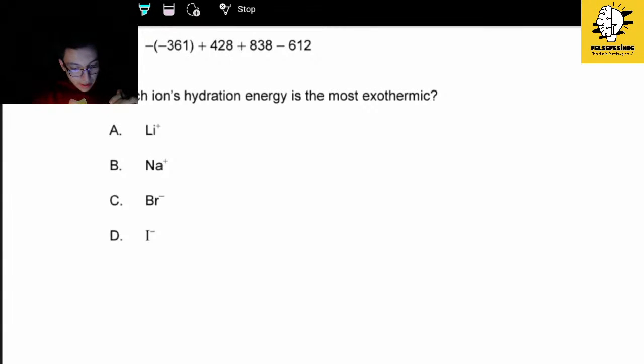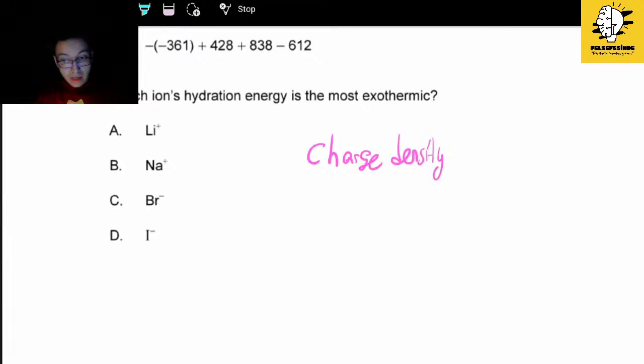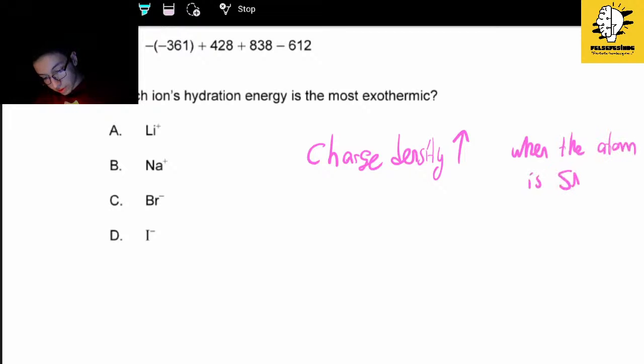So to be the most exothermic, we know that the magnitude of hydration enthalpy depends on the charge density of the ions. Charge density will increase when the atom is smaller.